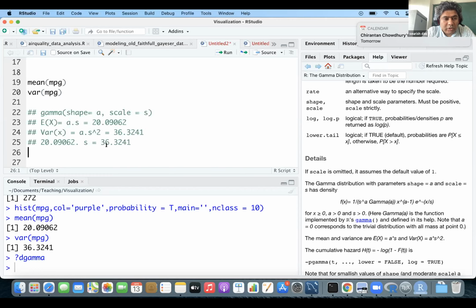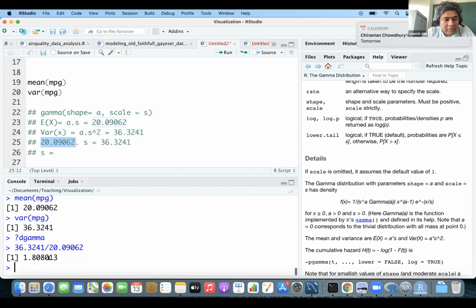So that gives me S equal to 6.23 divided by this guy, 1.808013.